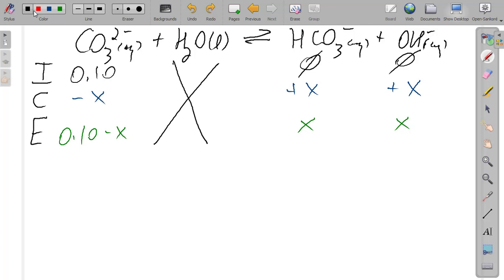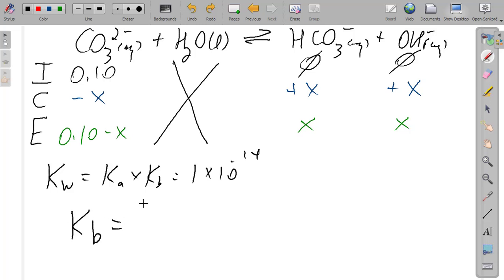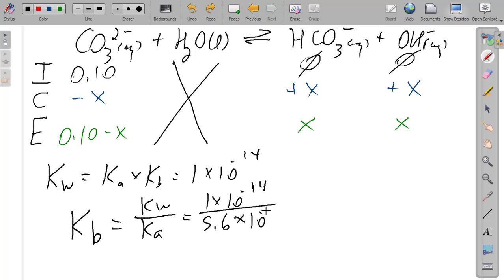But of course you have the tools. You can convert Ka to Kb because Kw equals Ka times Kb equals 1 times 10 to the minus 14th. And so we're given Ka, but we want Kb. Kb equals Kw over Ka. 1 times 10 to the minus 14th over the Ka given, which is 5.6, and it's really 5.5555 out to infinity, times 10 to the minus 11th.